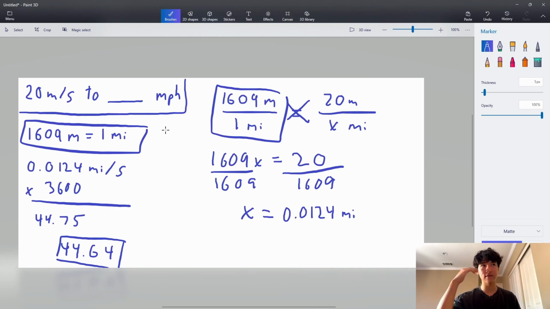Don't use, like, if you memorize the exact thing, that's probably not what you're going to want to use. Unless it's not given. If this is not given at all, then you use what you have to remember. But in this scenario, they'll always give you the value. And then that's what you want to do the math with. So this would actually be our answer right here. That's the exact answer, what I just underlined, but the box answer is the correct answer for this scenario. So 44.64 miles per hour.